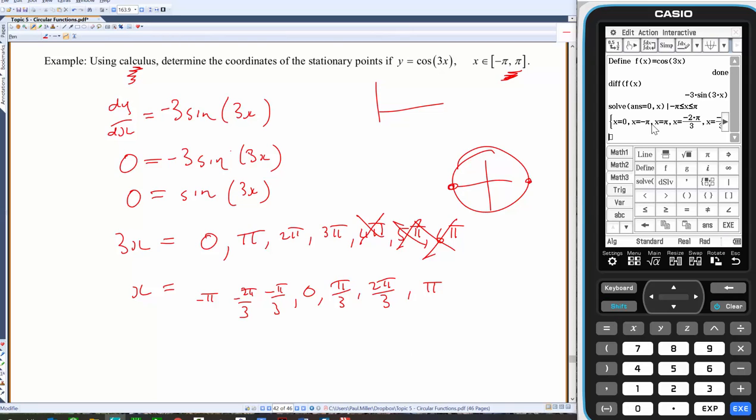Okay, so we've got 0, negative pi, pi, and it does chop around a little bit here. I don't know why it doesn't give the solutions in order. Someone might have an explanation for that, but there's all the solutions there anyway.